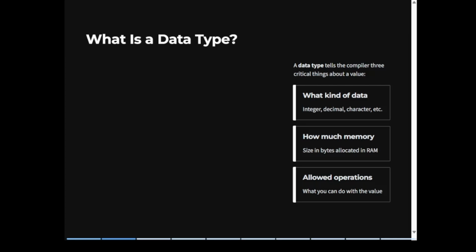So a simple definition of a data type is a type of value, meaning which type of value, whether numerical, character or float, etc. Then memory size and operations allowed on it.